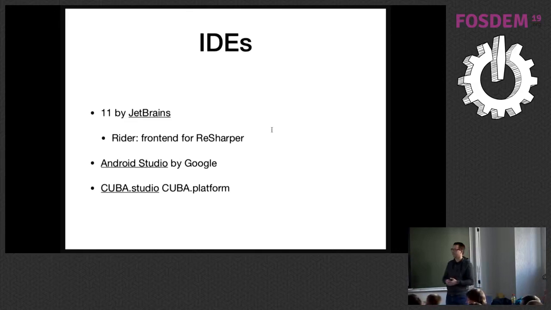One of them is CUBA Studio, that's the web framework, and they basically provide a plugin, but also a full standalone IDE for their specific framework. Building IDEs is, of course, much more complicated than building a plugin. So we usually recommend to build a plugin, and if the plugin evolves into something bigger, then think about distributing it as a standalone IDE later.